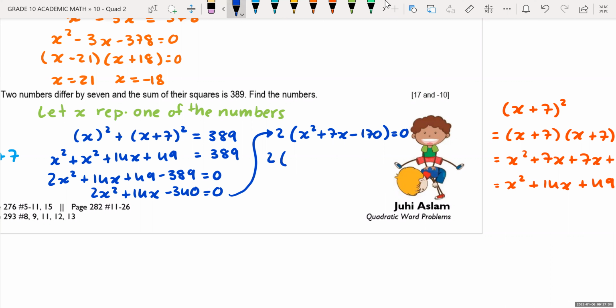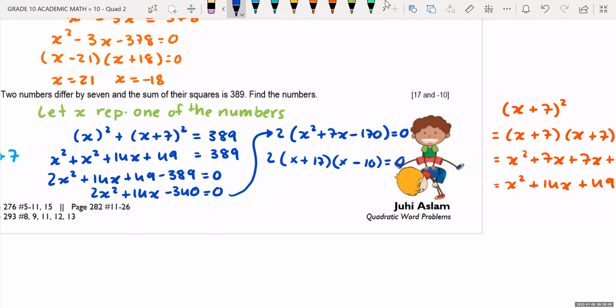So when I factor it, I'm going to get x and x, 17 and 10, and then I'm going to get plus and minus. So my factors are x plus 17 and x minus 10.